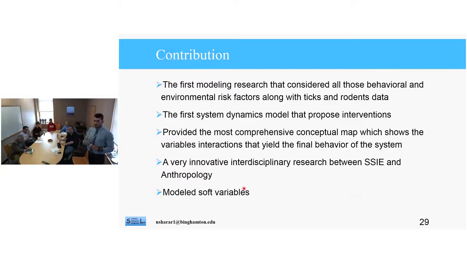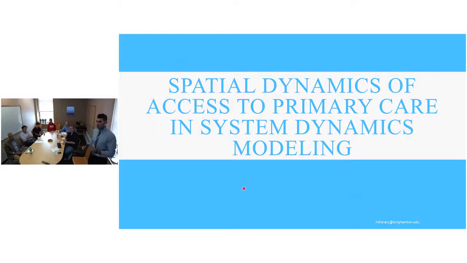And it's a very innovative interdisciplinary research between industrial engineering and anthropology. Also, we modeled soft variables such as awareness and situational awareness. So I'm going to go to my third stage, which is a combination of system dynamics and GIS mapping. If you have any questions, please ask.